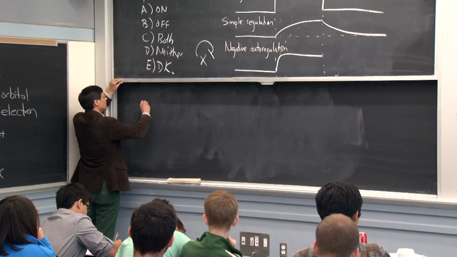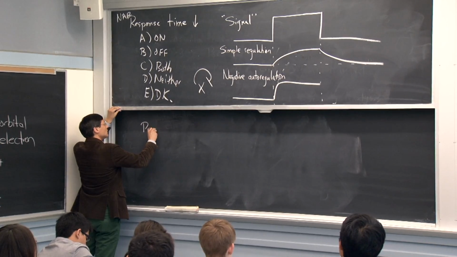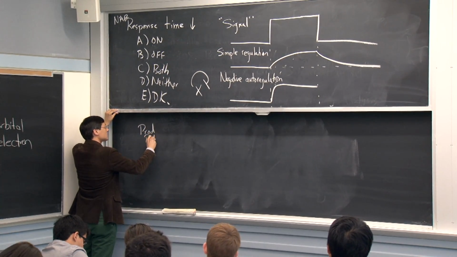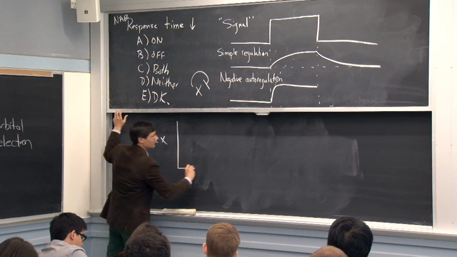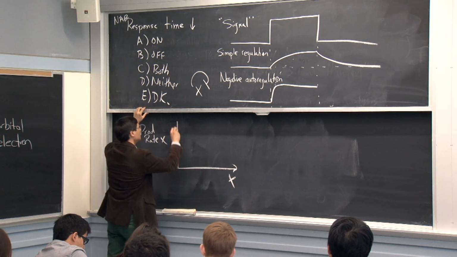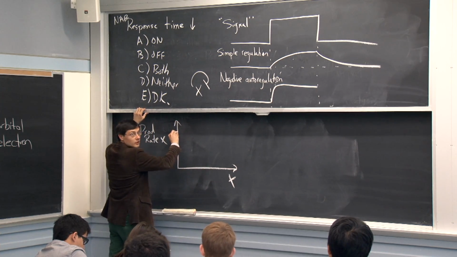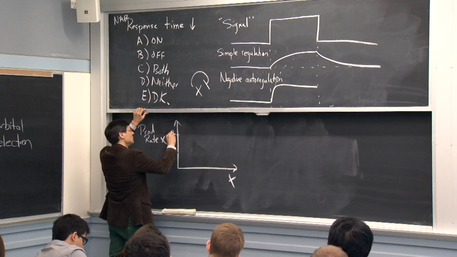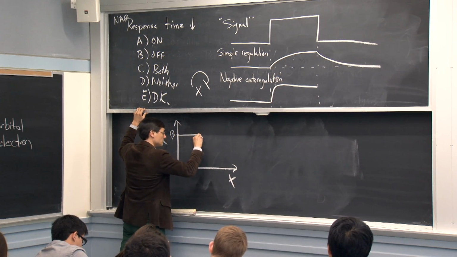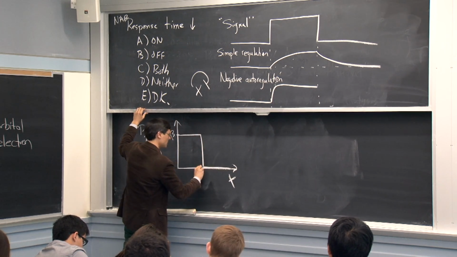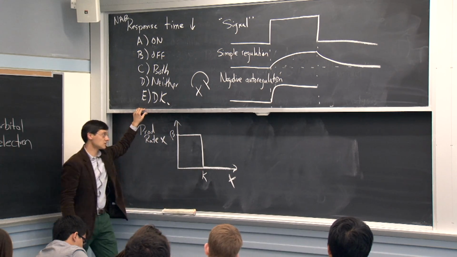So now we're just talking about the production rate of x as a function of x. This logic approximation is when it is maximal until it gets to some K, and then is completely repressed.